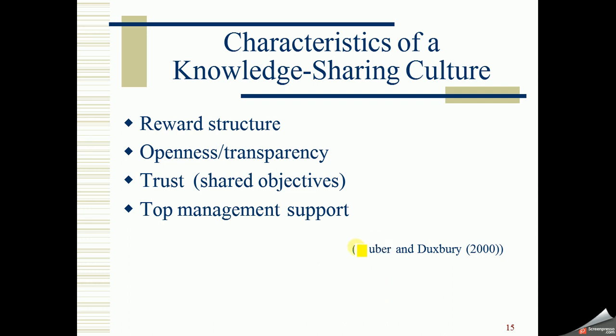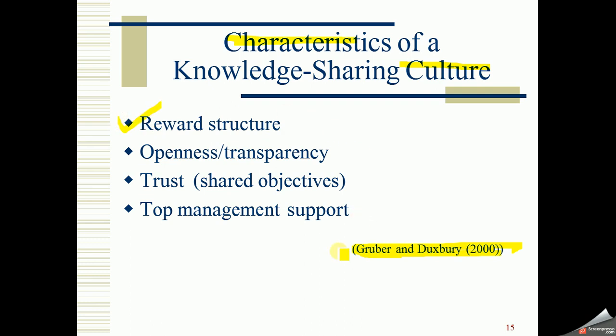Gruber and Duxbury in 2000 did a comprehensive study, and they came up with some characteristics of a knowledge sharing culture. The first characteristic is that we need to have a reward structure.